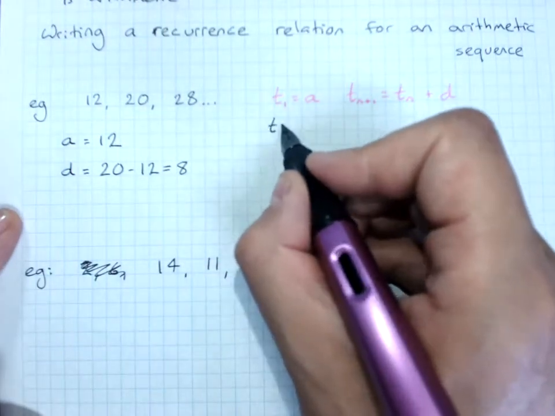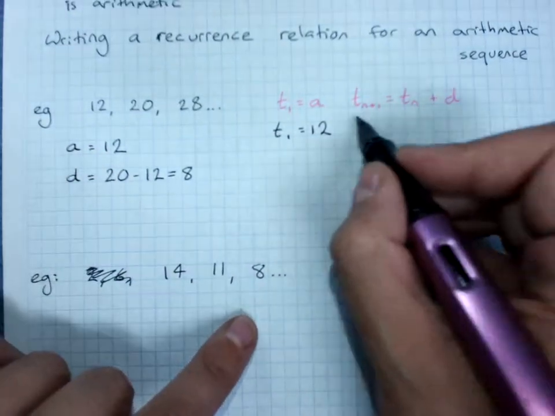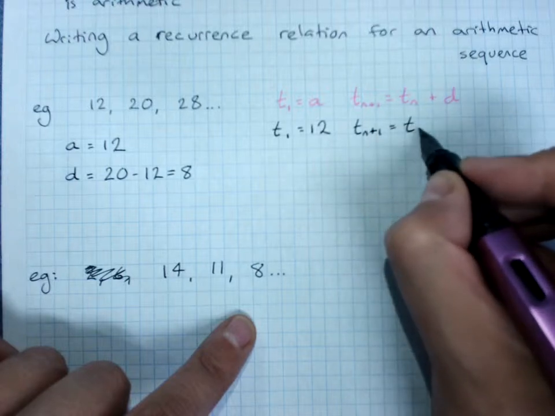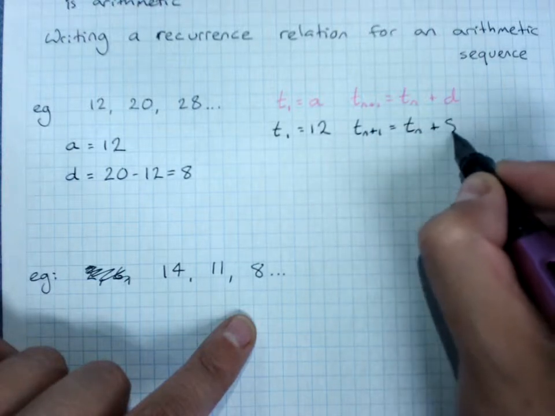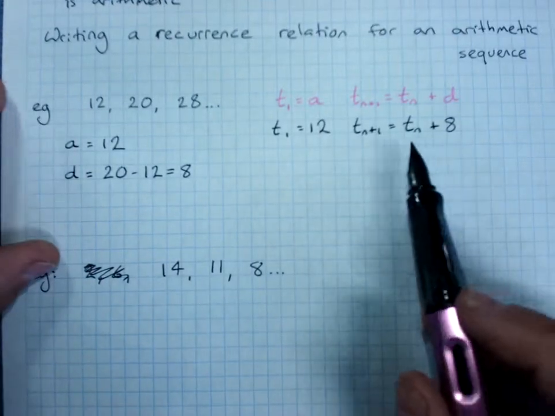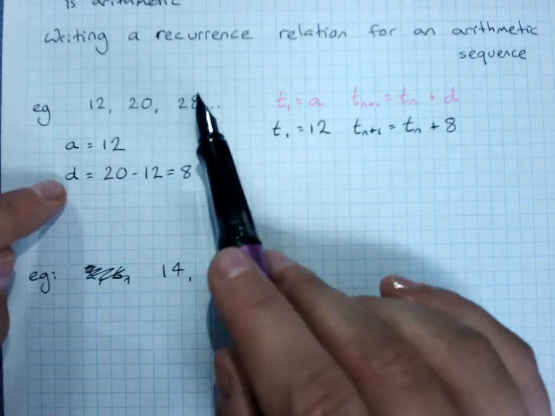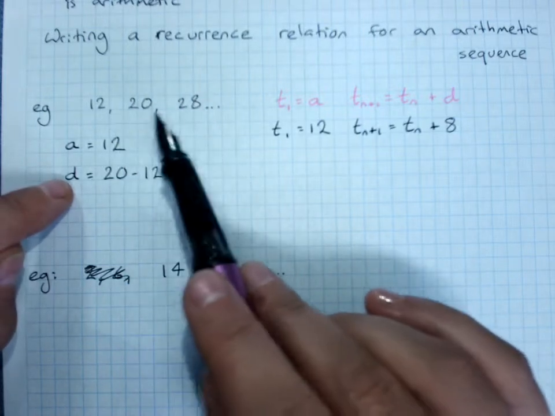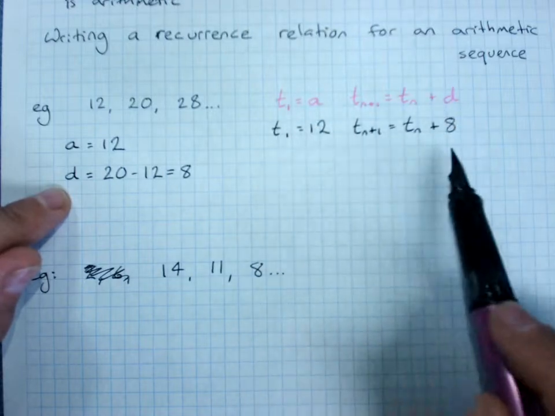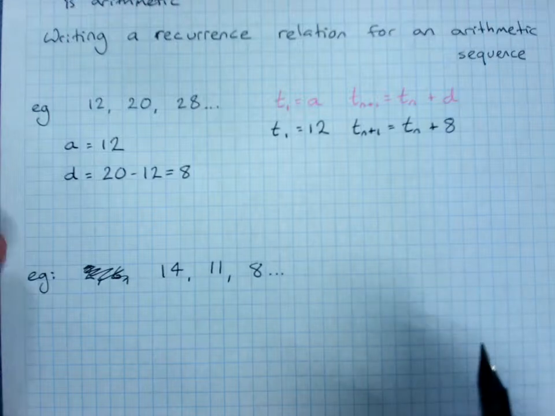T1 is 12, so the first term is 12, and all you need to change here, Tn plus 1 is Tn plus 8. So it's just formalizing how we find what's added or subtracted between each term and adding a general rule for how we write our rule for a sequence.